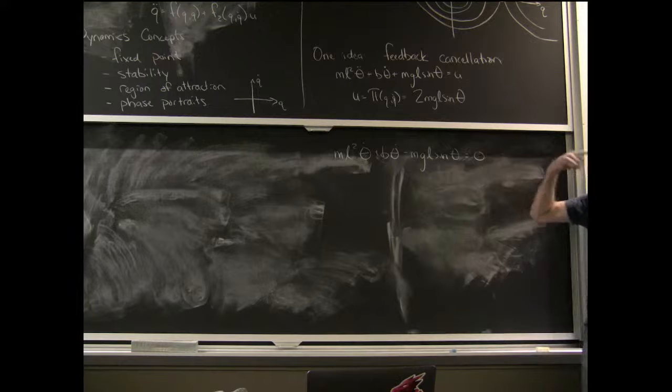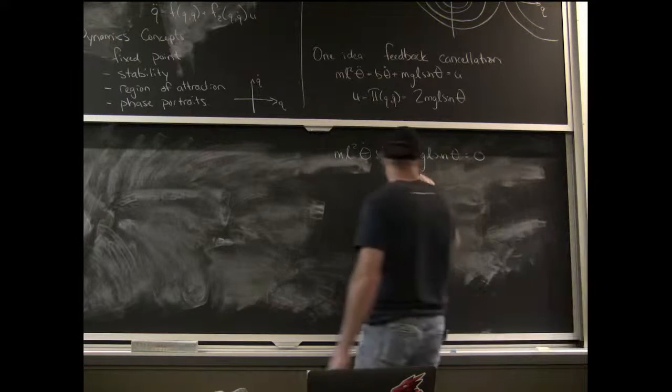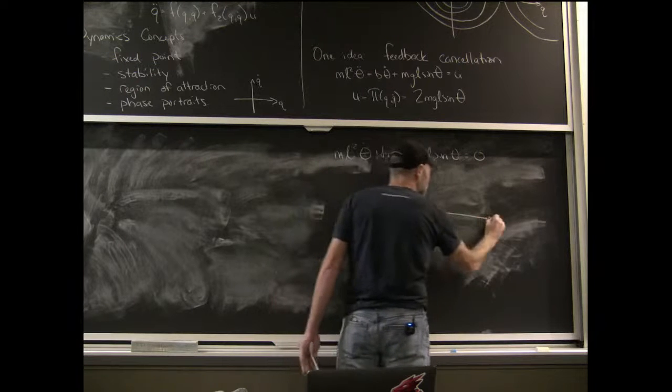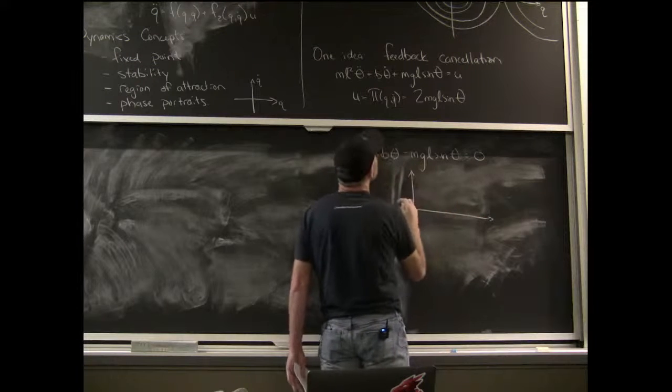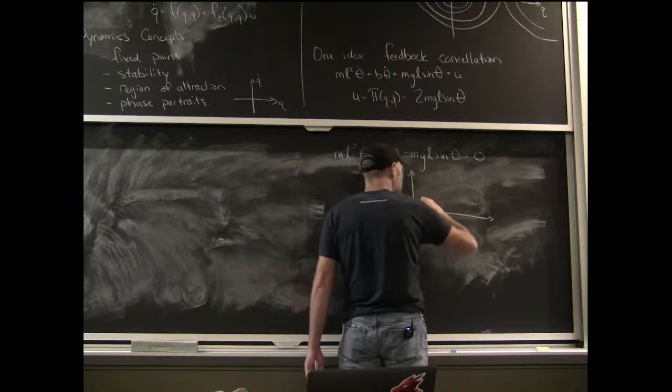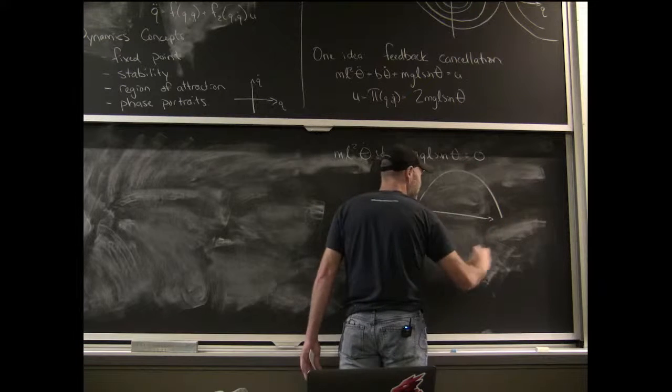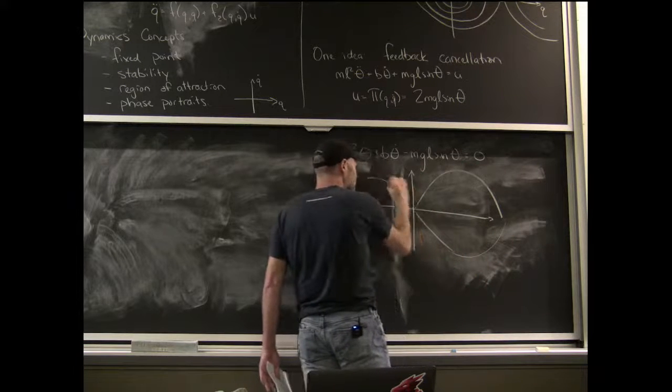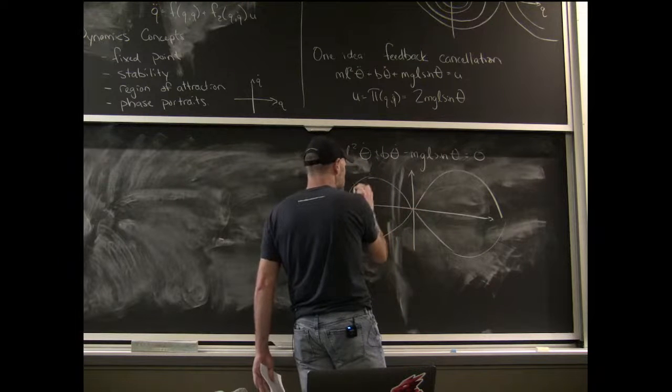You have to kind of convince yourself that actually this does have the effect that it actually moves the orbits of that eyeball over to here. It changes the dynamics to be like this, right?